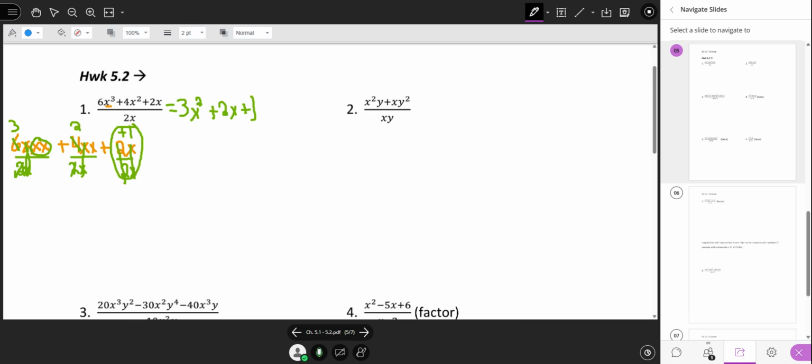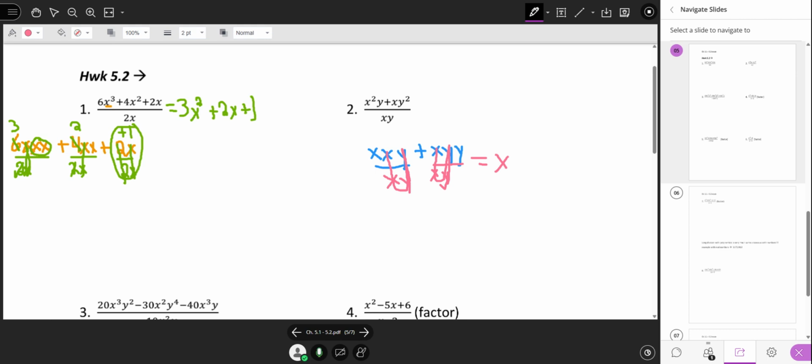Number next. 1, 2, and a y. X and a y and a y over x and a y, x and a y, chop chop, chop chop.